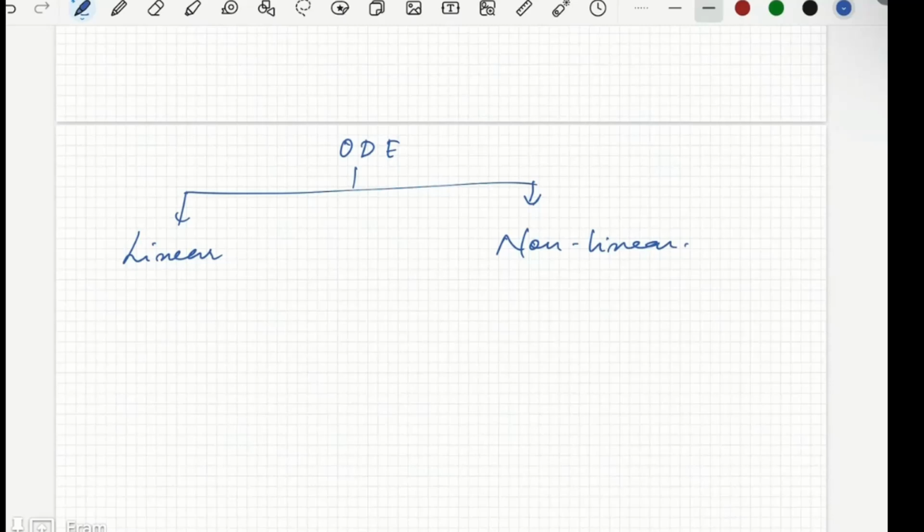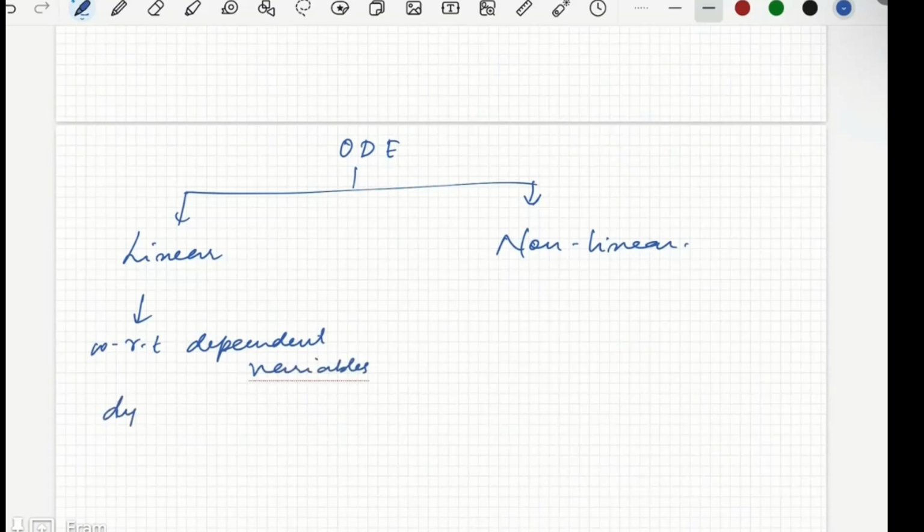It should be linear with respect to the dependent variable or the independent variable? The dependent variable, ma'am. Yes, it should be linear with respect to the dependent variable.